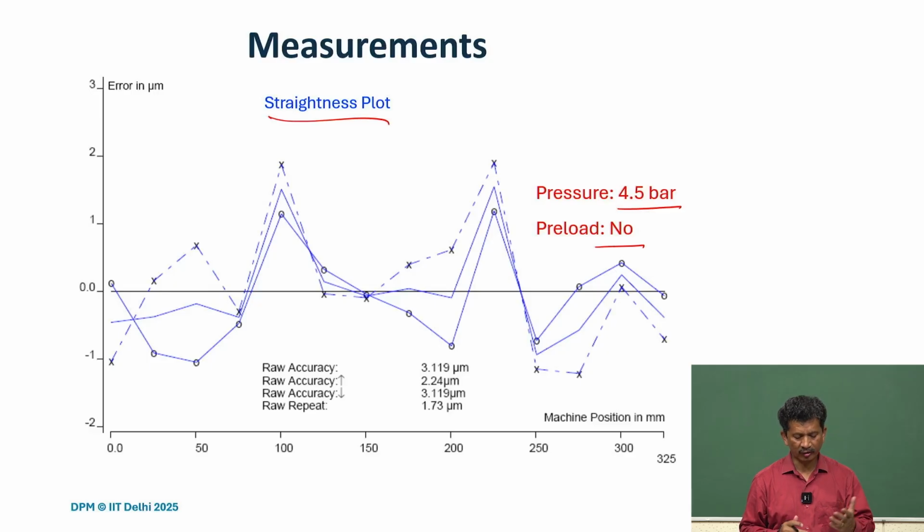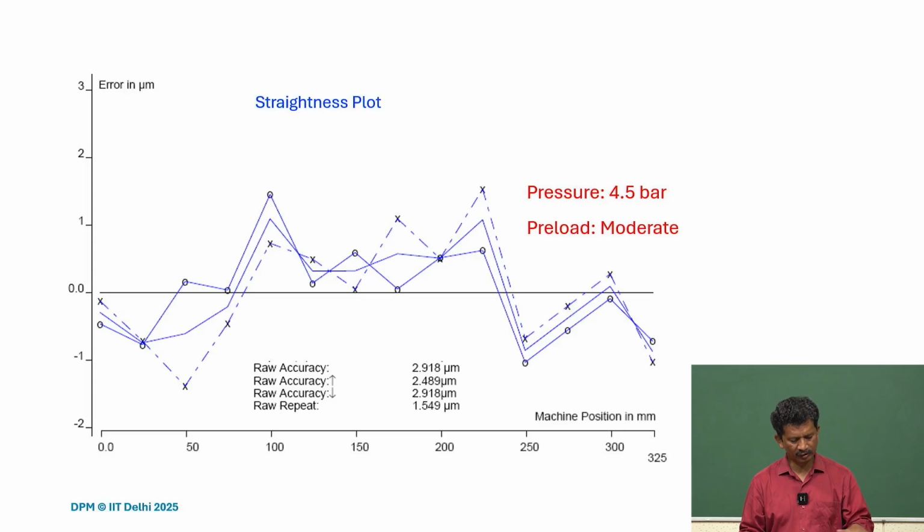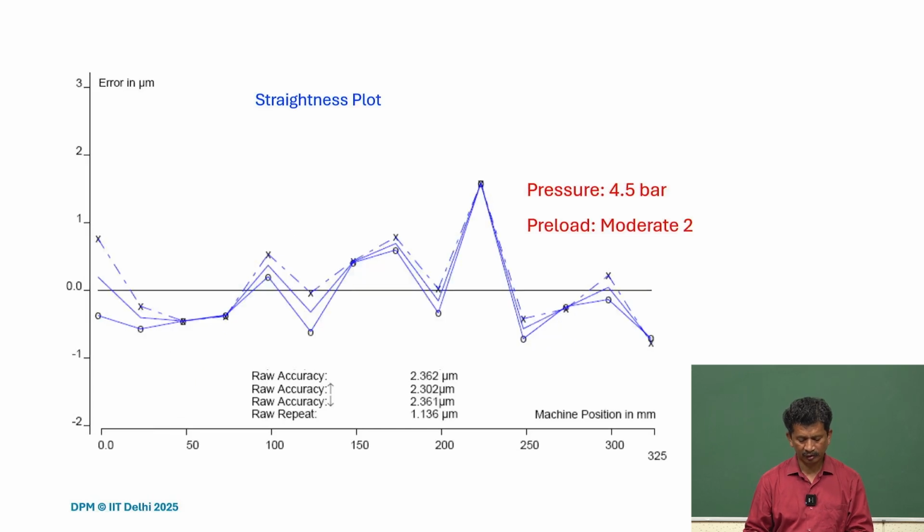There was no extra preloading added, and this was the measurement at different locations. We stopped at one point, measured along that length and moved, and that's what we are getting. Similarly, we increased the preloading by tightening this screw, to a moderate level.